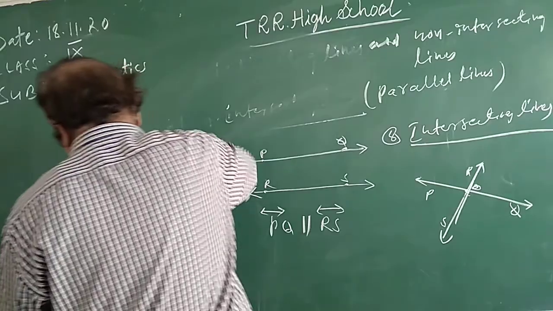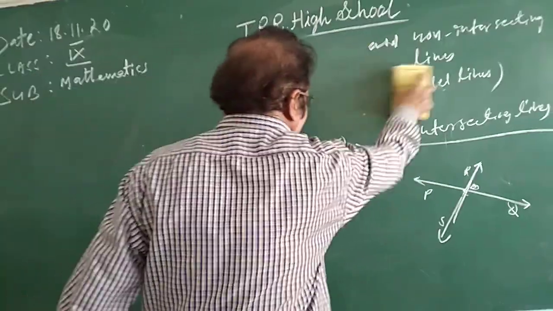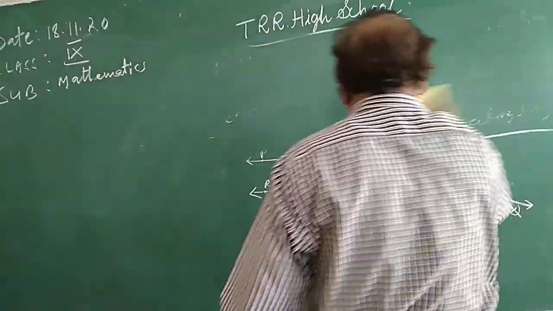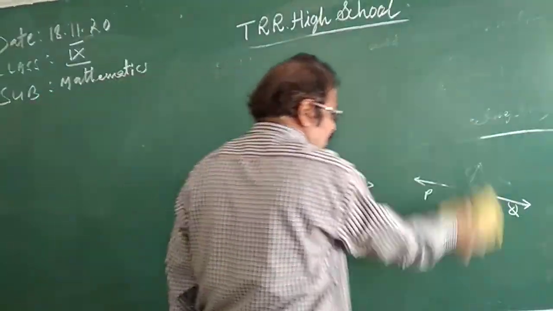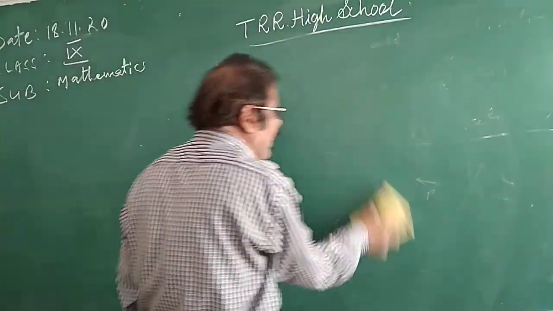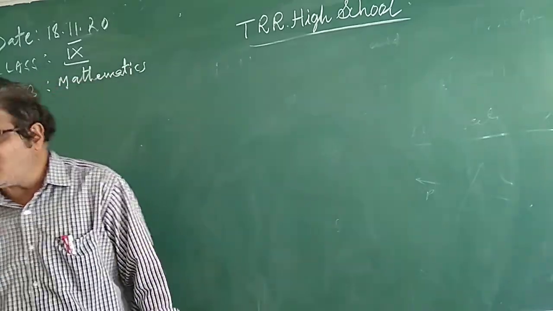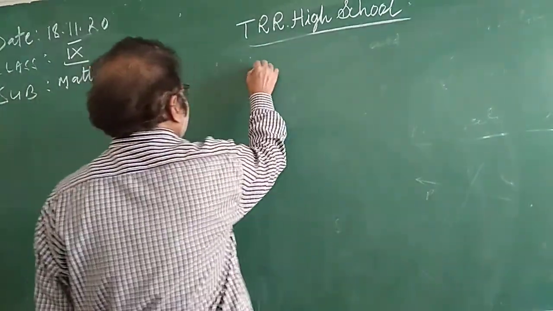Next one is concurrent lines. What are concurrent lines? Concurrent lines means two or more lines intersect at a point.